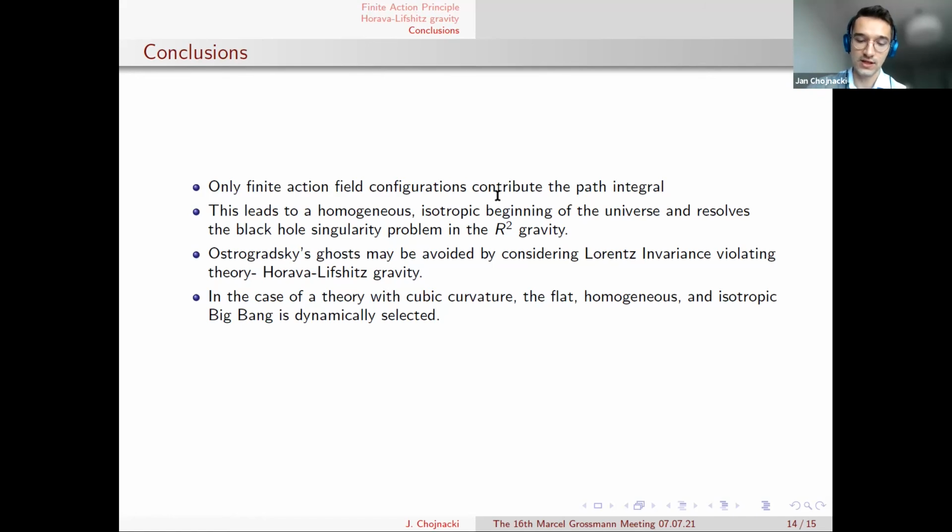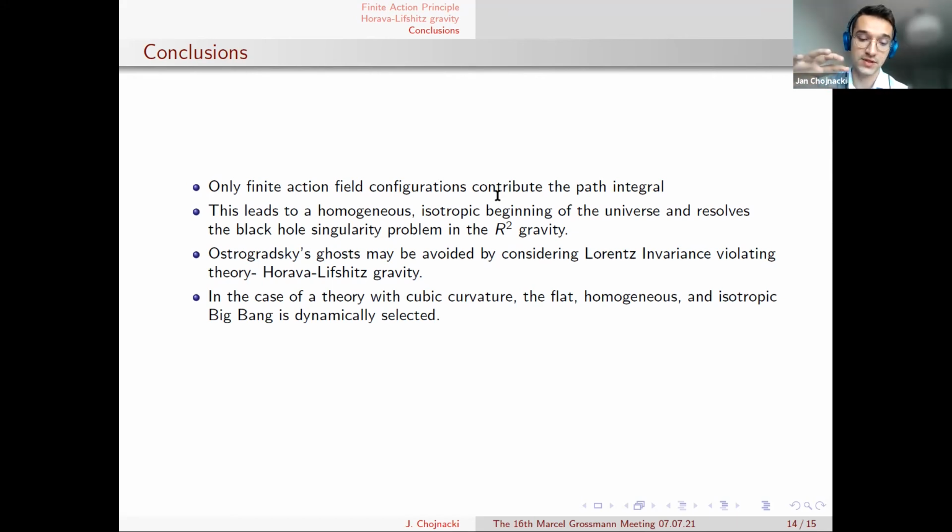And then we will see that our conclusions from quadratic gravity are partially also applicable, as the beginning state, the initial state of the universe is allowed to be a homogeneous, isotropic, flat Robertson-Walker metric.